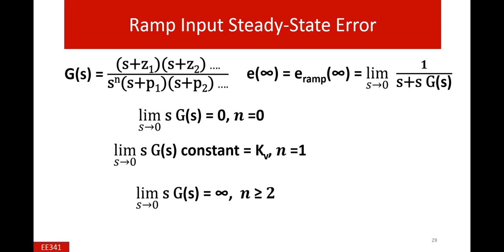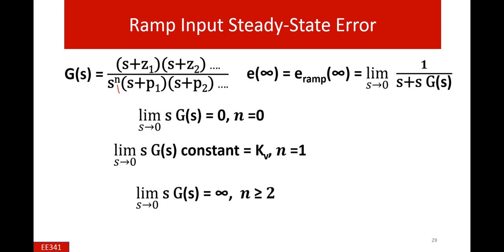So let's see again this most generic situation of the open loop transfer function. For example, this is the most factorized form of the open loop transfer function, and directly we can find the positions of the zeros and the poles of an open loop transfer function. And if we have n equal to 0, then this is a type 0 system, and the error signal will be different, and if it is equal to 1, then the error signal will be different.